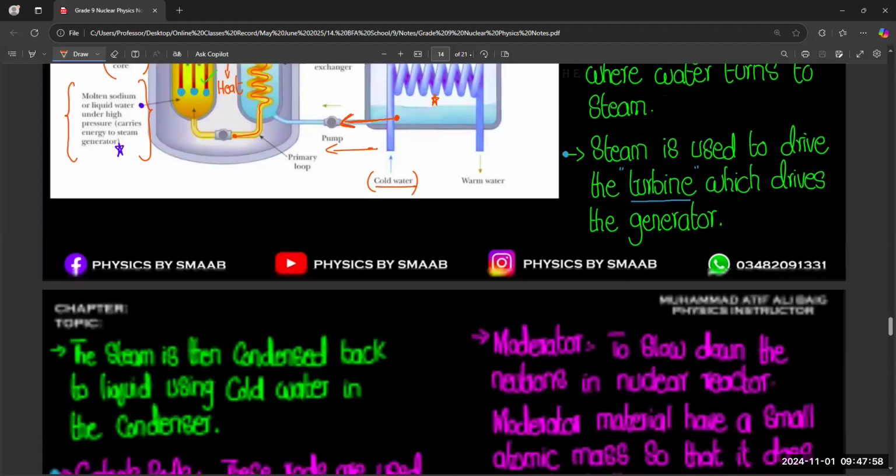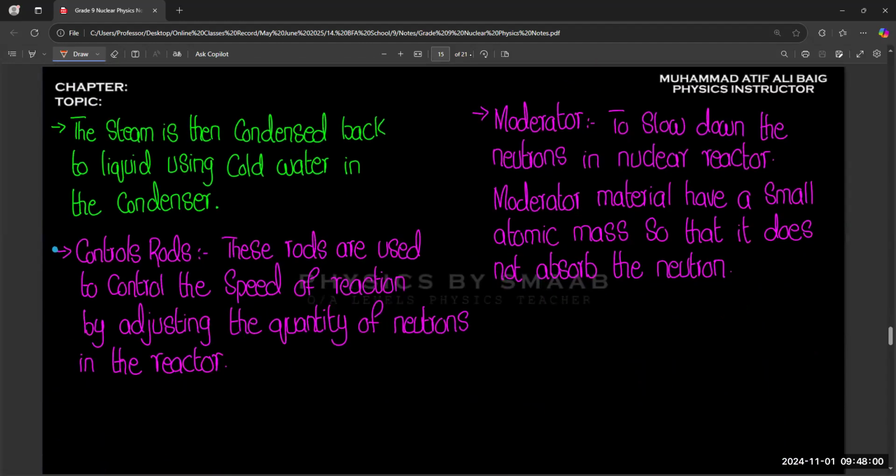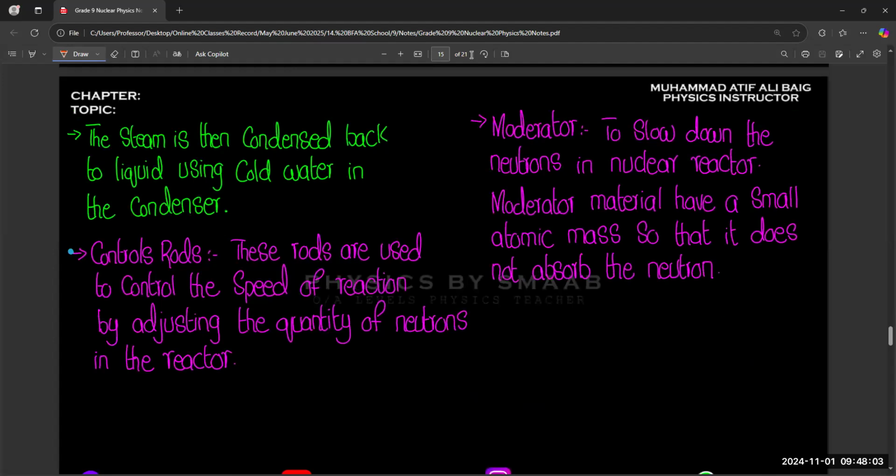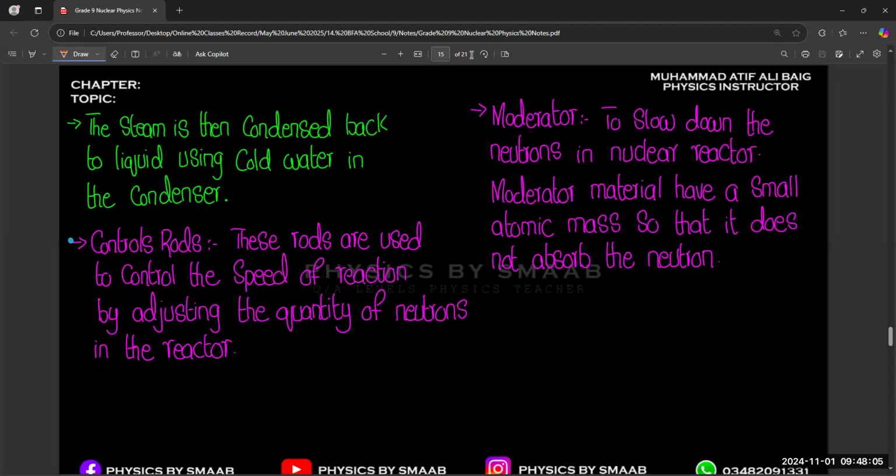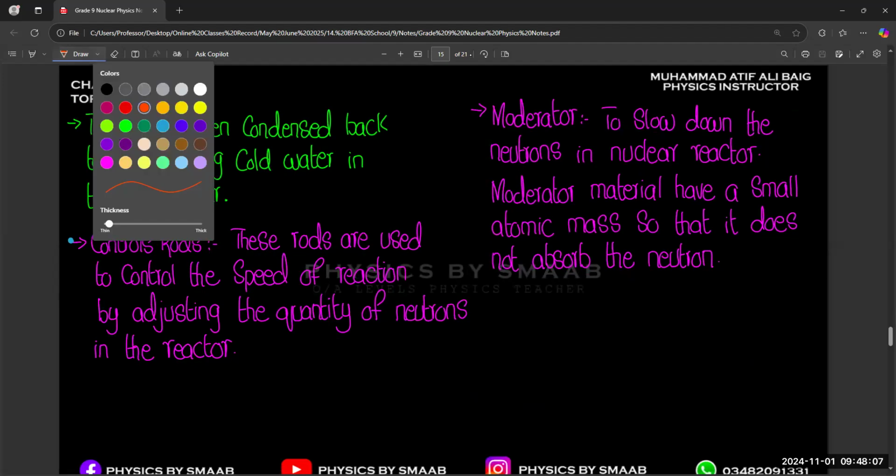For example, if we have uranium rods, because in the diagram it is clearly mentioned we are using uranium for the nuclear reaction.